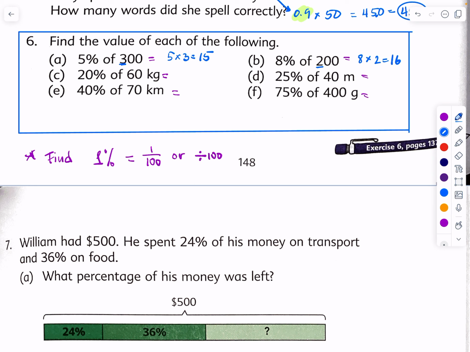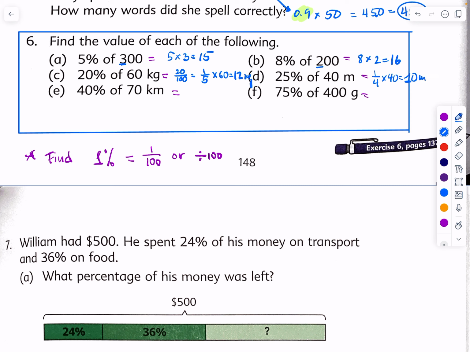Well, we know that 20% is 20 out of 100, which is the same as 1/5. And 1/5 of 60 is 12 kilograms. Now, 25% of 40. We know 25% is 1/4 of 40 equals 10 meters.